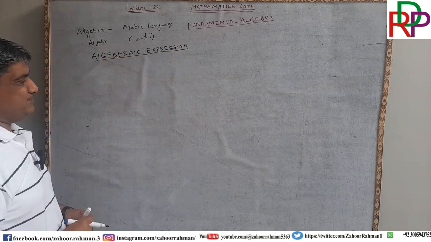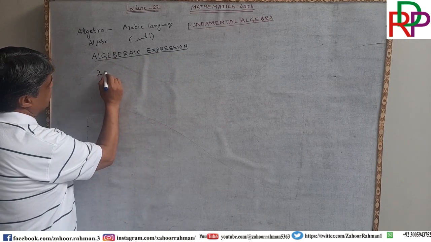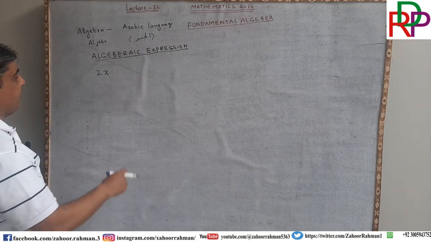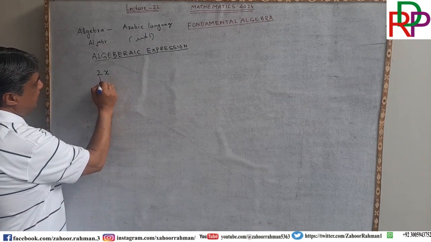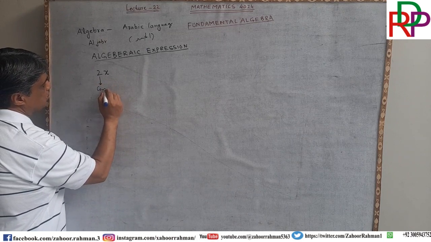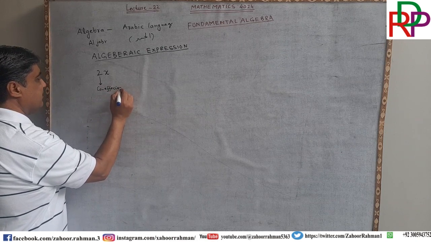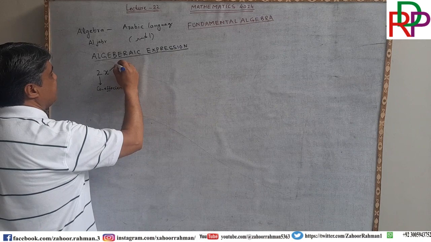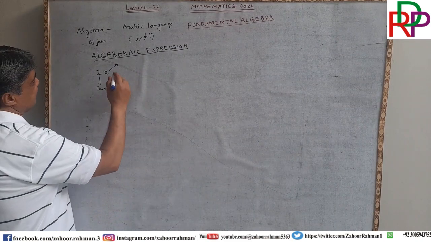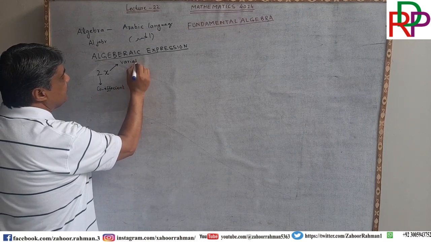Ladies and gentlemen, if I am writing 2x, then there are two parts of this. The first one is 2, which is called coefficient. The second part is a letter, an English letter, and that is called variable.